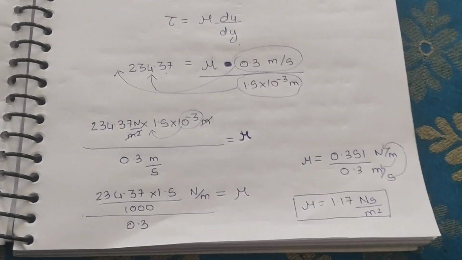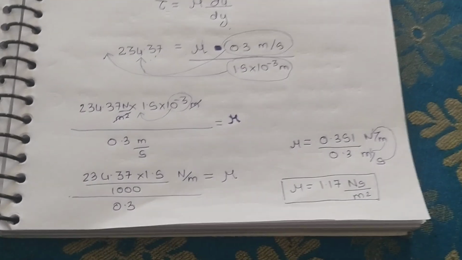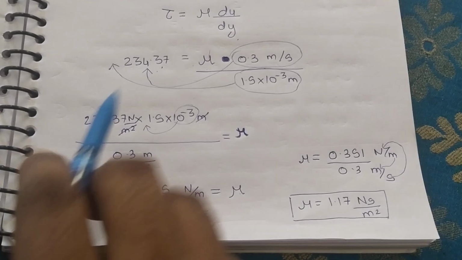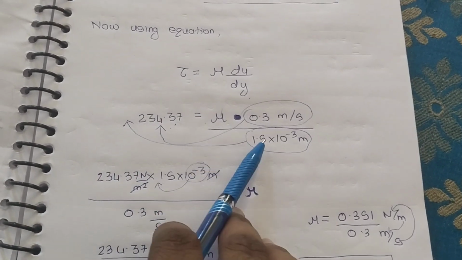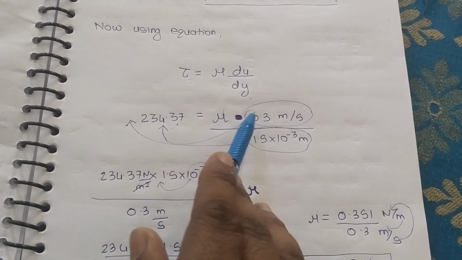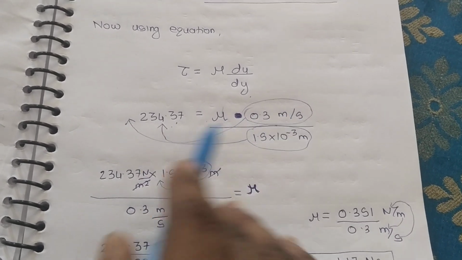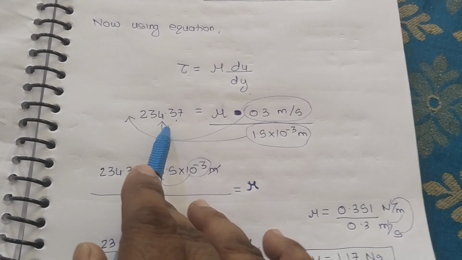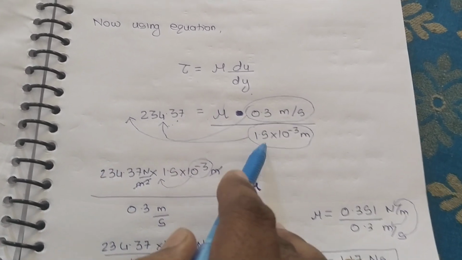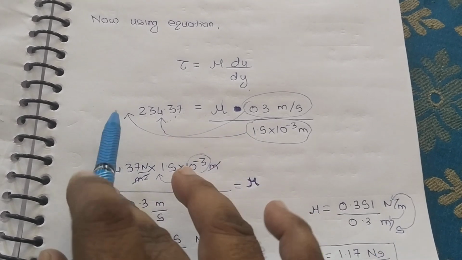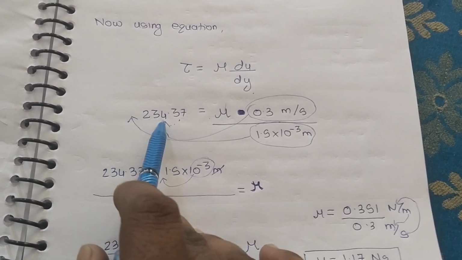Just remember how to calculate it and how to put it in the calculator. This is a mathematical rule: the thing in the numerator goes to the denominator, so 234.37 goes to the bottom, and the other terms come beside it.